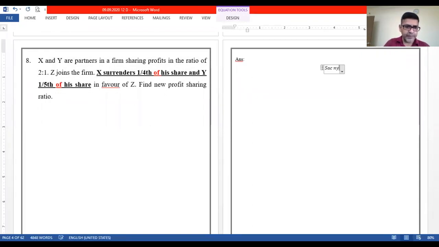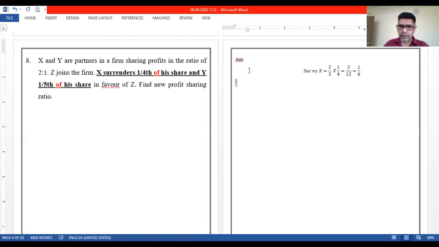Sacrifice by X. Now, what is X's share? Okay, old share is 2 by 3. He surrenders 1/4 of his share. Because the word 'of' is there, we need to multiply. So 2 by 3 into 1/4. That will be 2 by 12 or 1 by 6.